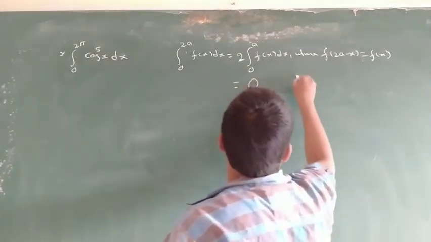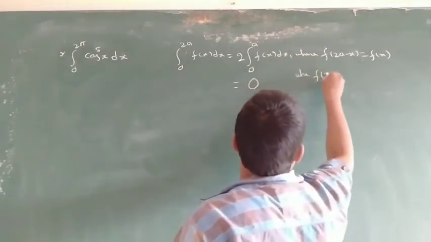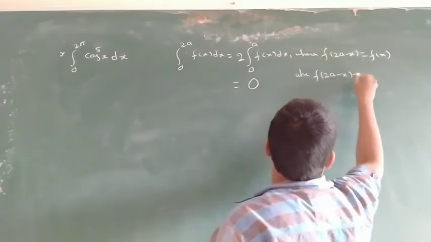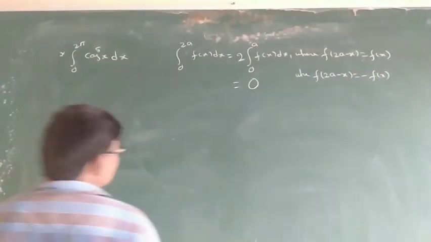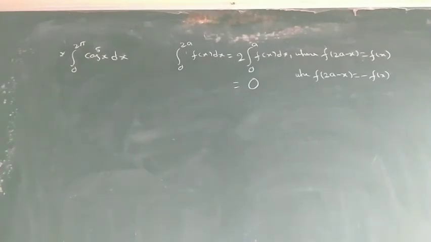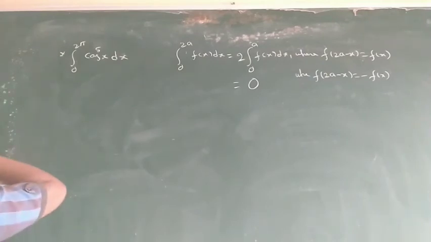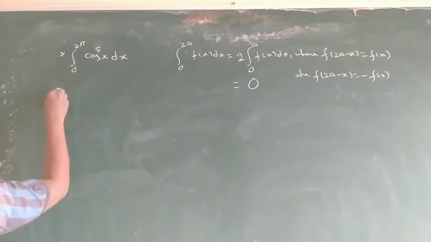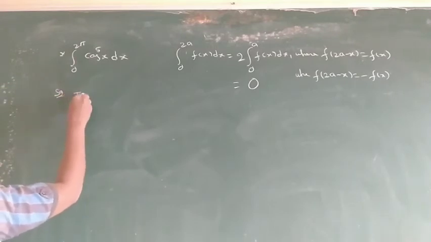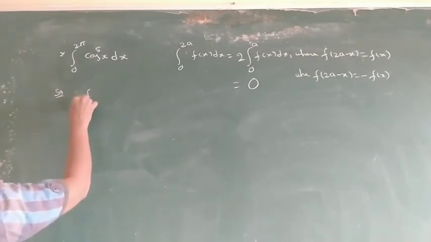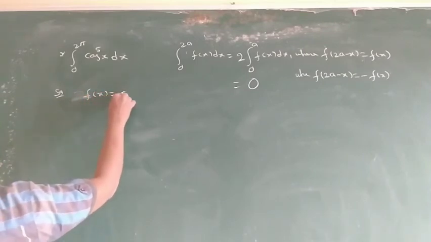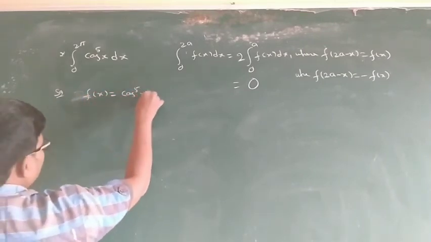Otherwise the value is 0, where f of 2a minus x is equal to minus f of x. That is, if f of 2a minus x is not f of x but minus f of x, then the value is 0. So, solution: I is equal to, first, f of x is equal to cos power 5x dx.